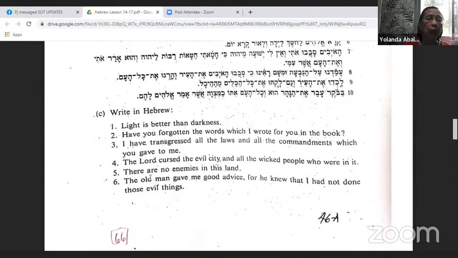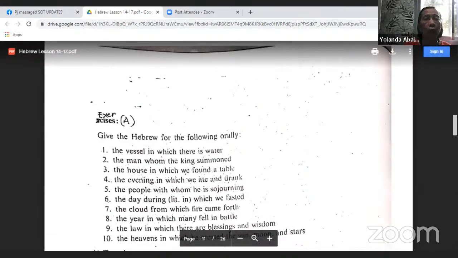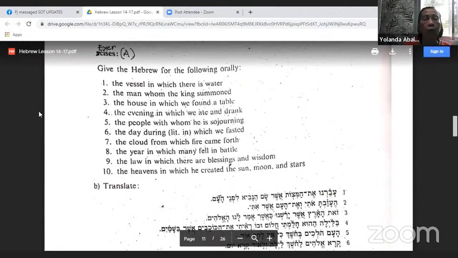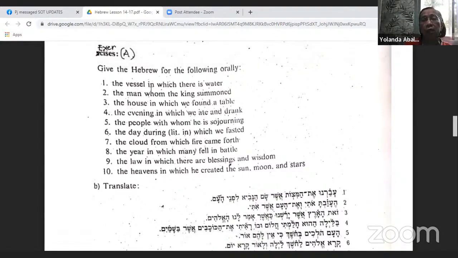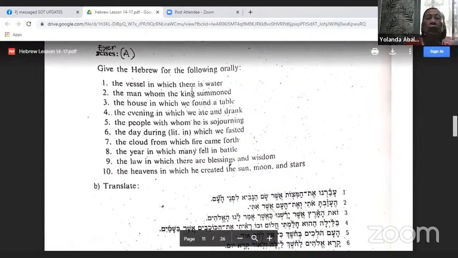I hope hindi nila tinrose out itong aking trabaho noon. So we have the vessel in which there is water. Paano nyo sabihin? Nakilay, in which, gagamit ka ng asher, there is water. Paano yung there is again?